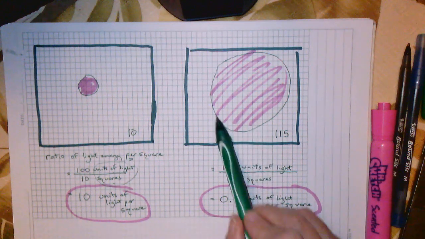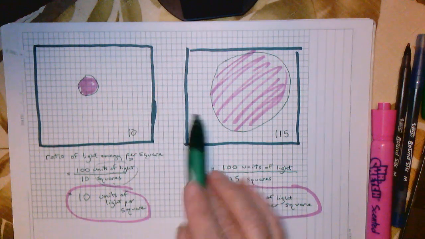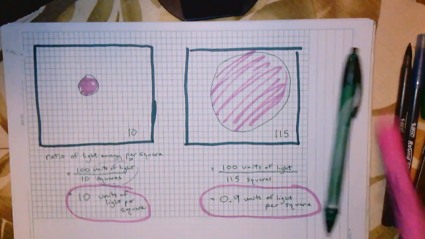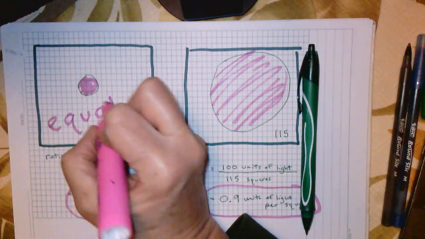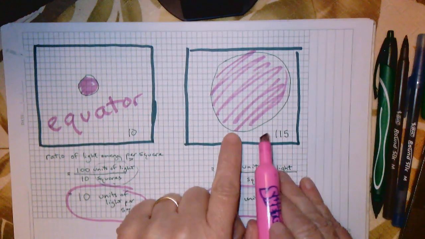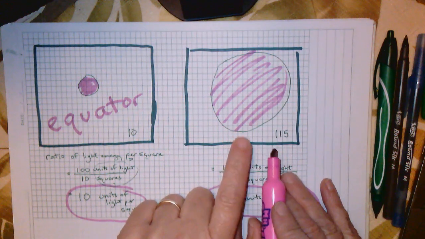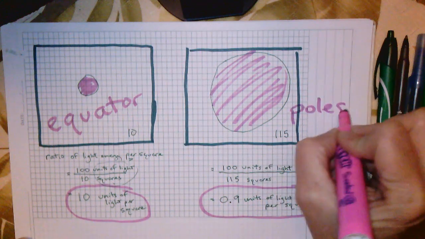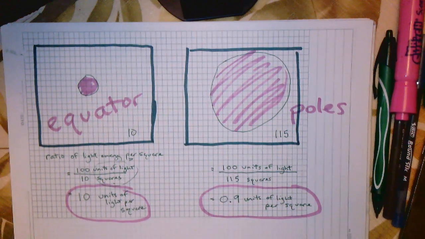Sometimes it would be round at one end and then really spread out at the other end. So that tells me that if one of these is at the pole and one is at the equator, the smaller area that is almost like a circle is going to be the one that represents the equator. The spread out one that may be circular, but often is not circular, is going to be from the poles. So that's the sort of question I'm going to ask you on the quiz tomorrow.